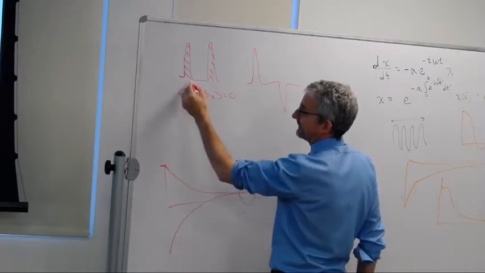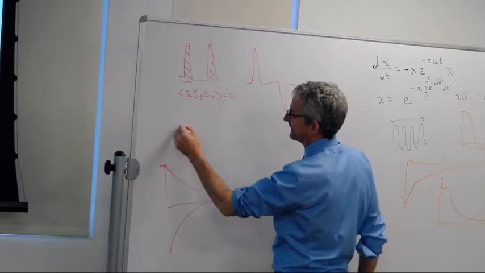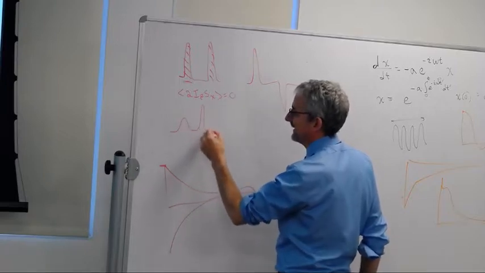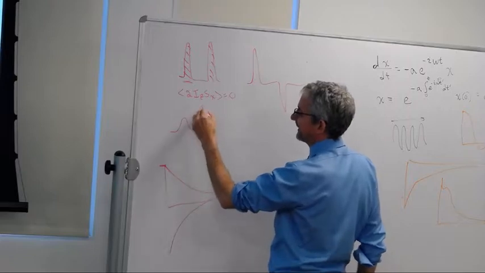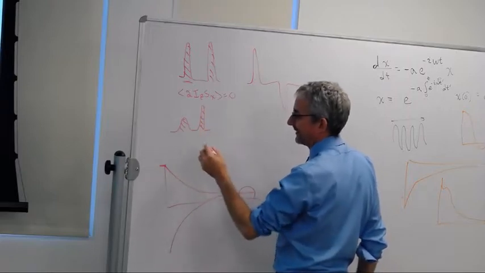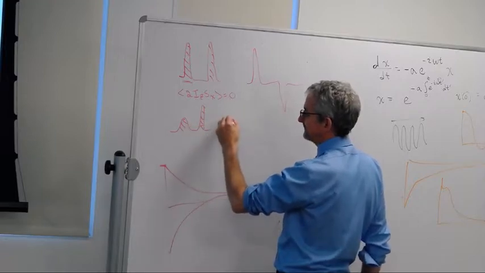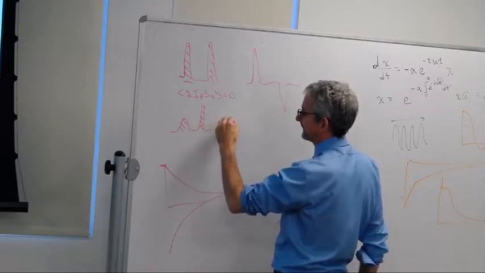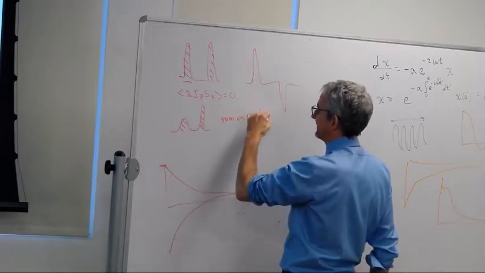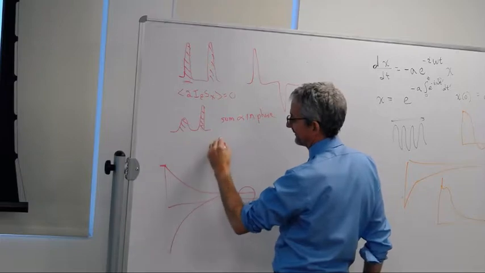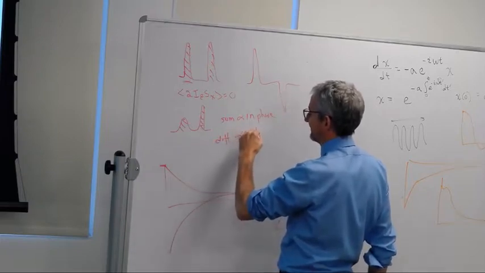But if this line relaxes faster than this line, a little while later we have this situation in which now the integrated areas are different. So the sum of the two is proportional to the in-phase magnetization, and the difference between the two is proportional to the antiphase.